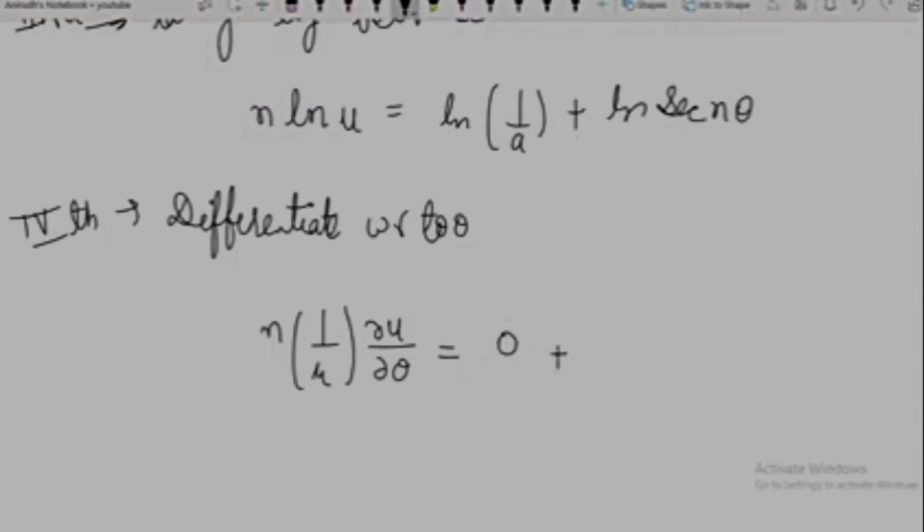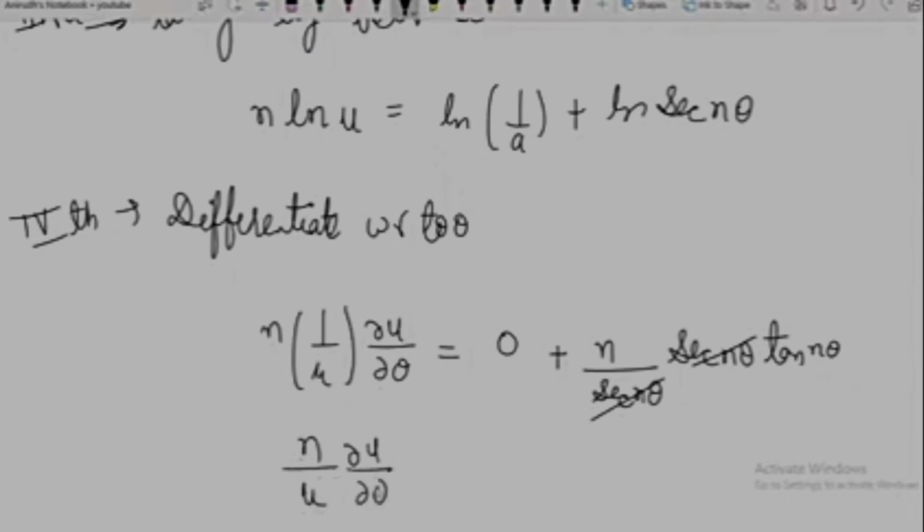A is a constant, so its differentiation value is 0. The ln secant n theta will be differentiated as n by secant n theta into secant n theta tan n theta. We can cancel out secant n theta, so the equation becomes n by u del u by del theta is equal to n tan n theta.